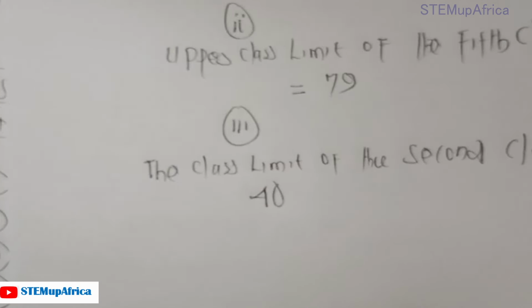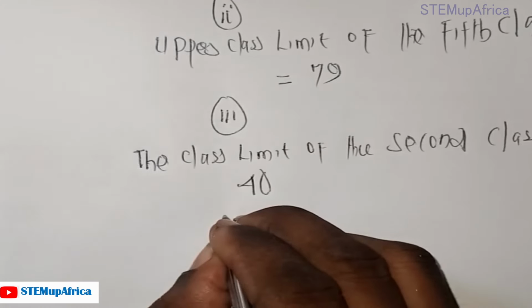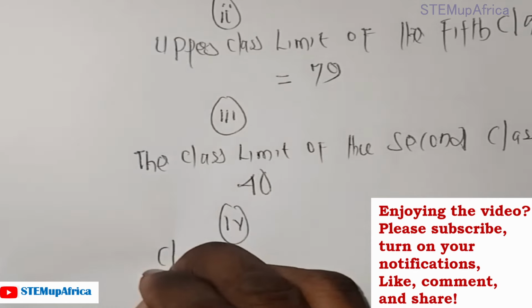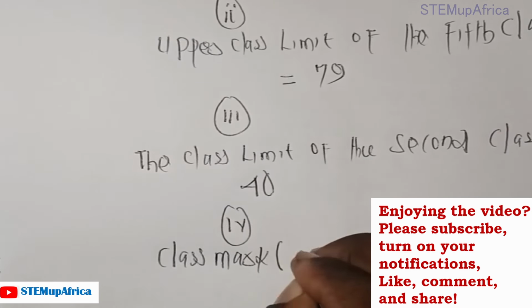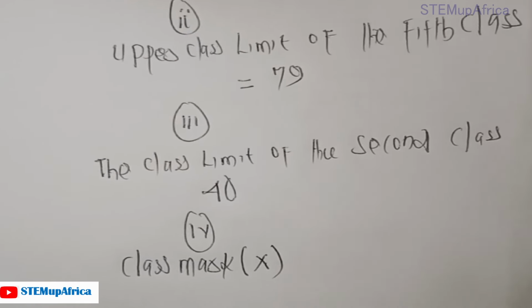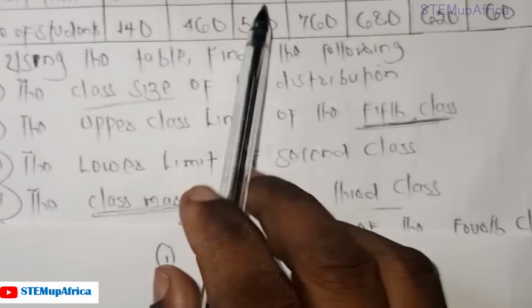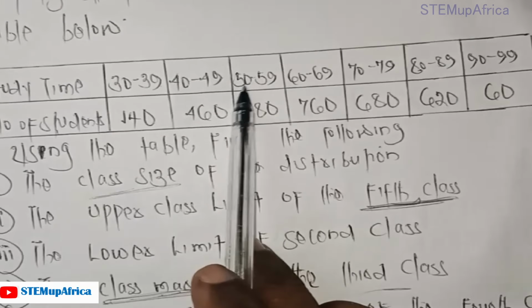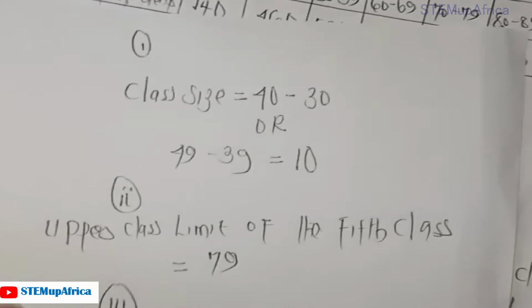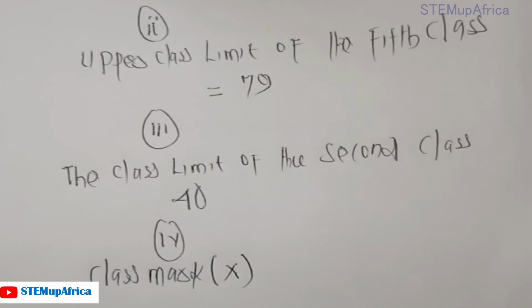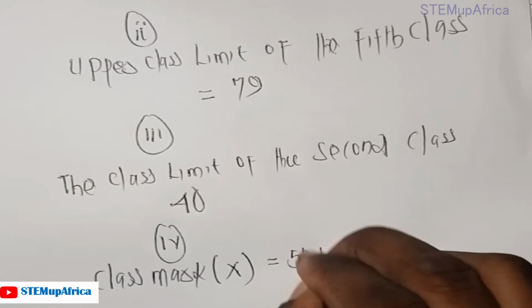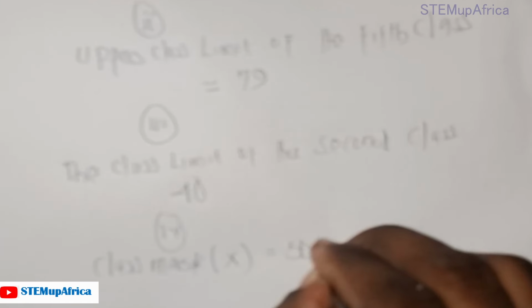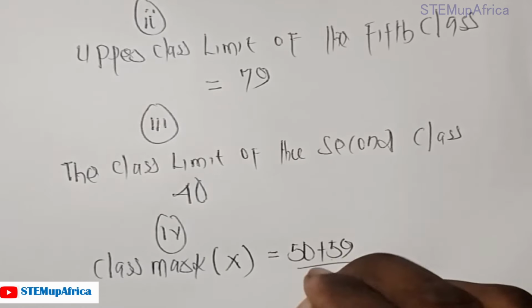The class mark, popularly called X, for the third class, 50 to 59, is simply 50 plus 59 divided by 2.